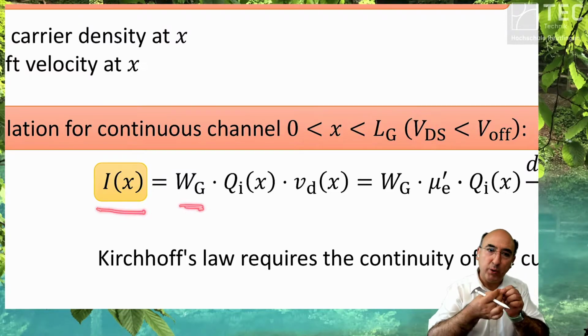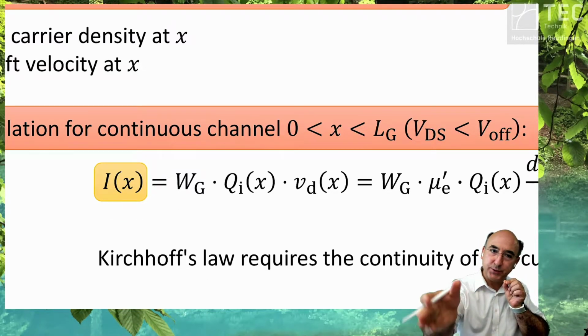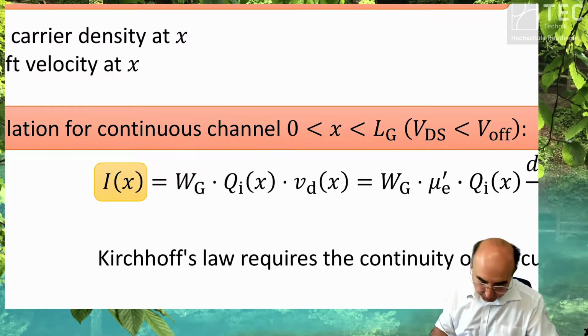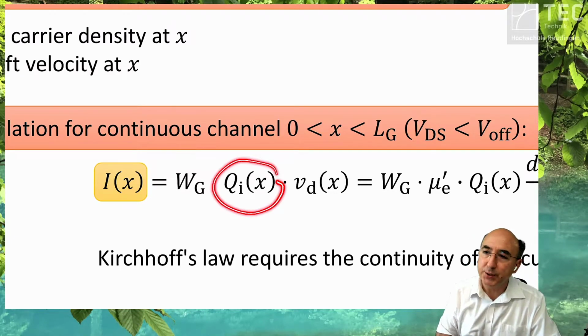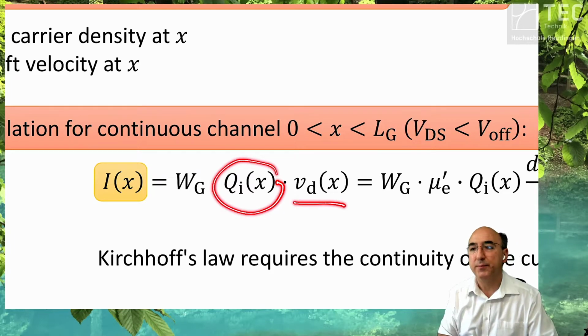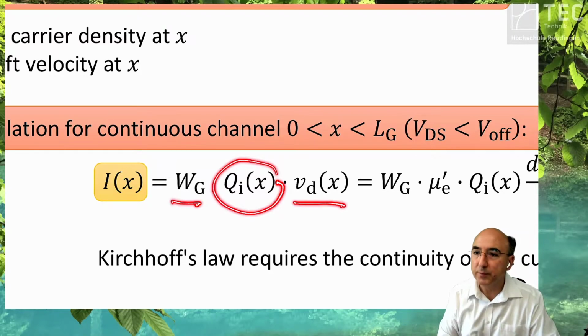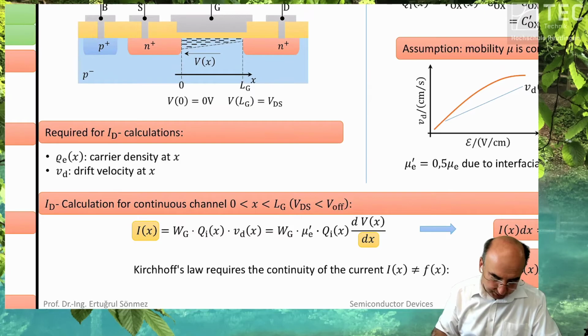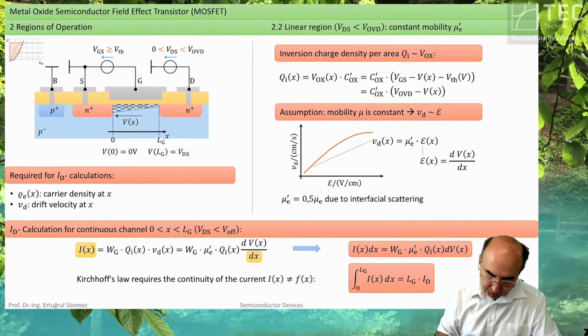So we know how wide the transistor is. We know the area where the current does flow. We have the amount of charge, and we have the velocity of this charge throughout the width. Okay.